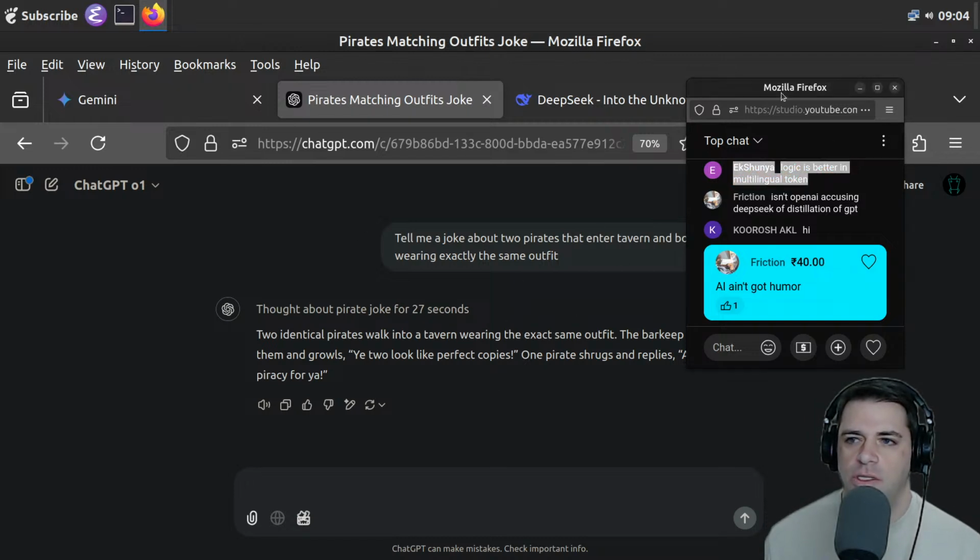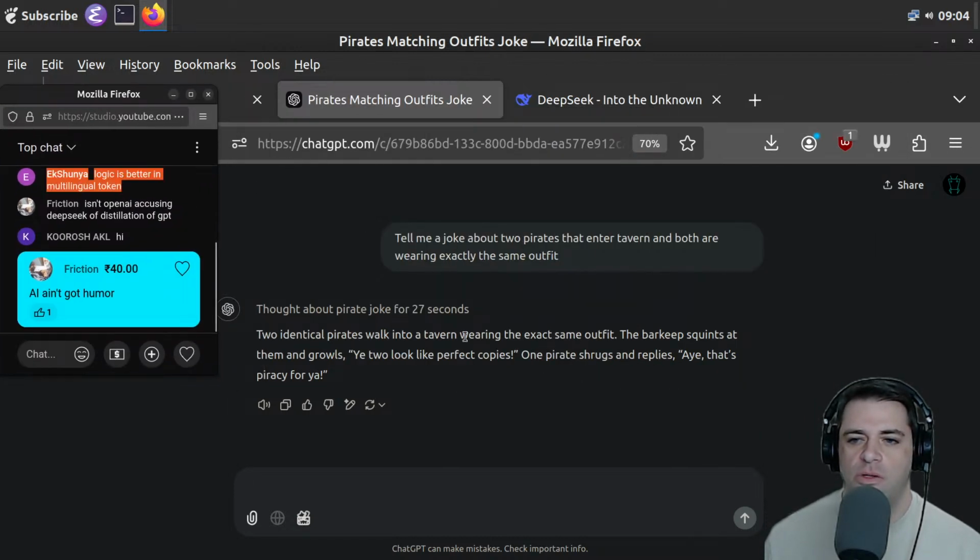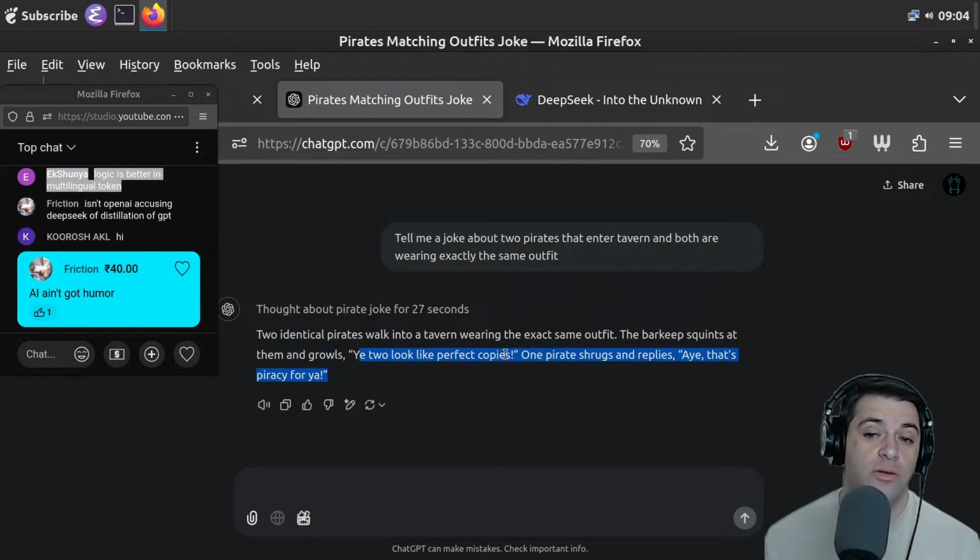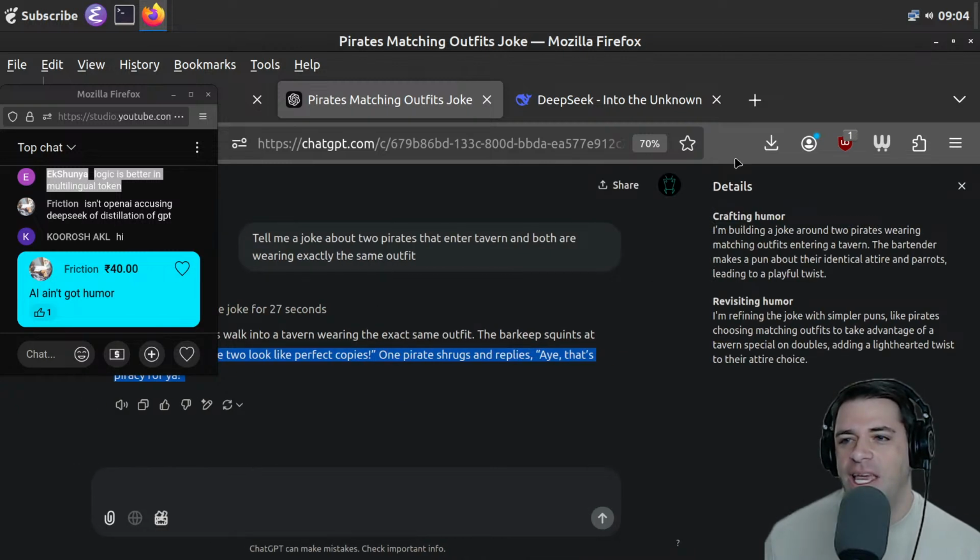All right, so they thought about this joke. It says, two identical pirates walk into a tavern wearing the exact same outfit. The barkeep squints at them and growls, ye two look like perfect copies. One pirate shrugs and replies, aye, that's piracy. Okay, that's not terrible. And then the AI says, crafting humor.